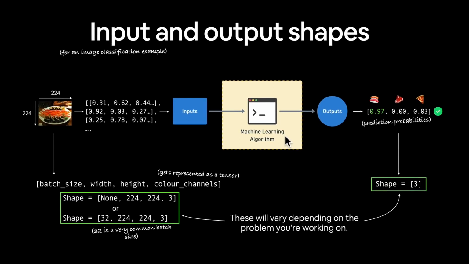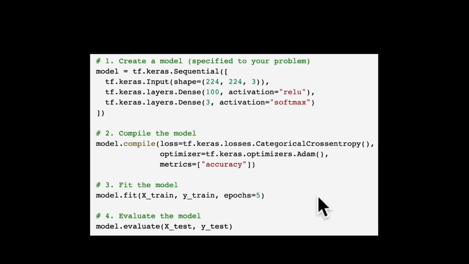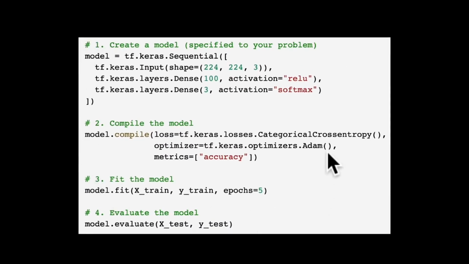So now, speaking of those, let's have a look at what the architecture of a classification model might look like. We've got a little spoiler alert here. Here's some TensorFlow code. We've been very familiar with this in the regression section. However, we might notice a few different things. Oh, we've got input layer. We've got activation, we haven't seen much of that.